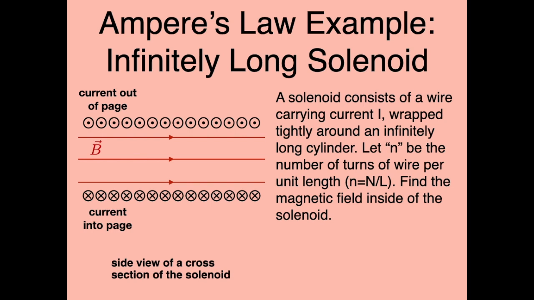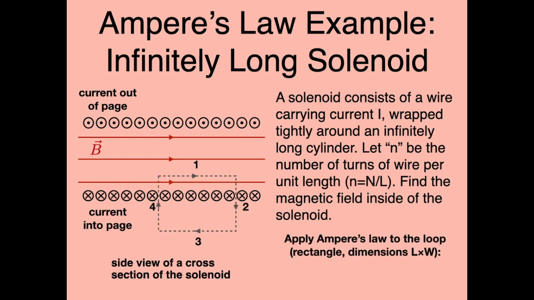And so what that means is we need to pick an Amperian loop to do our calculation. So let me show you on this diagram which Amperian loop we're choosing. This is a rectangle. The dimensions of the rectangle are L by W, and it has 4 sides to it. So let's see. The side labeled 1, that's inside of the solenoid. It's just going in the direction of the magnetic field.